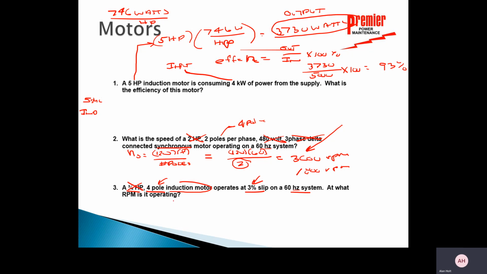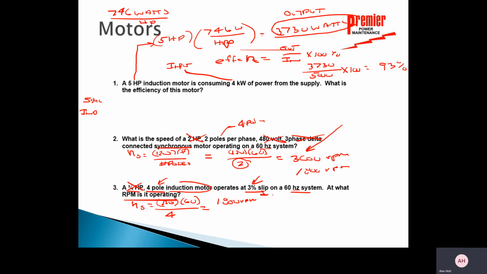So I go back to my synchronous speed equation. NS is 120. The frequency is still 60. Now I have the number of poles as 4, so the synchronous speed for this machine would be 1800 RPMs.